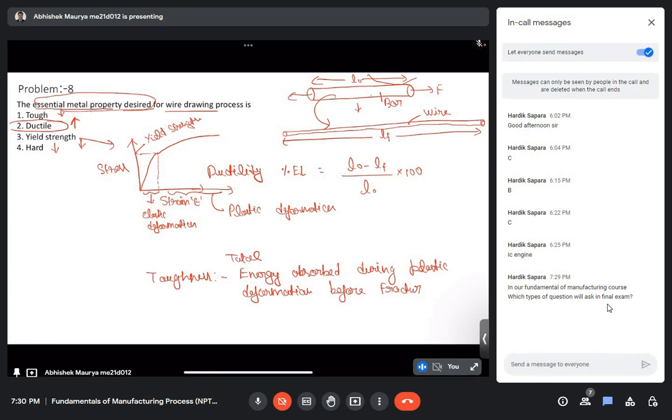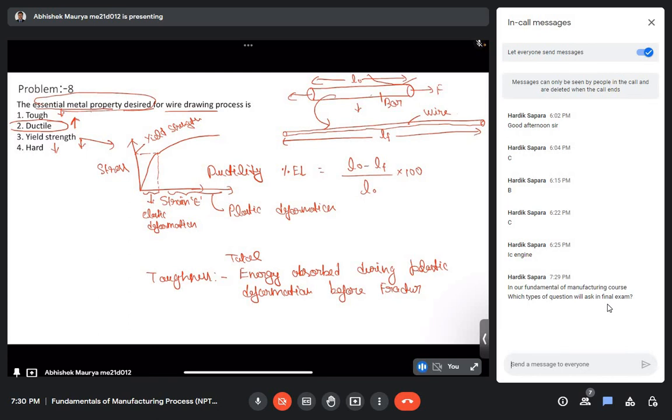So the format can be anything, like numerical type, theoretical type, or descriptive type, but it will be totally from the course content which has been delivered to you in the whole course. So that will be easy only.